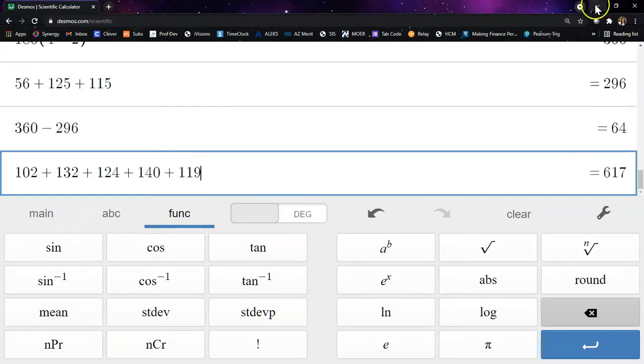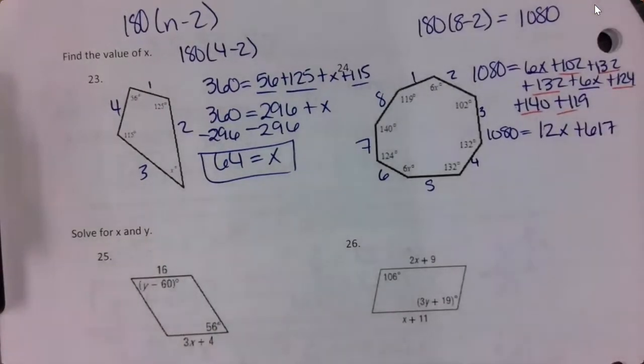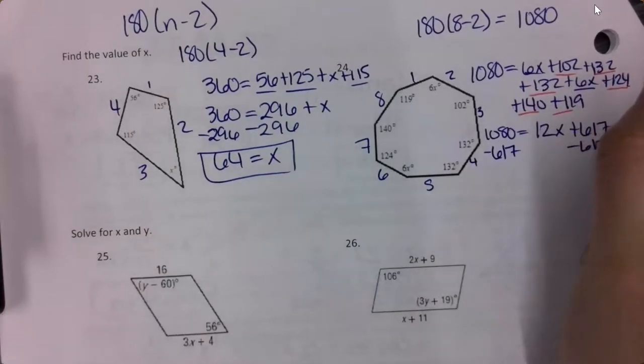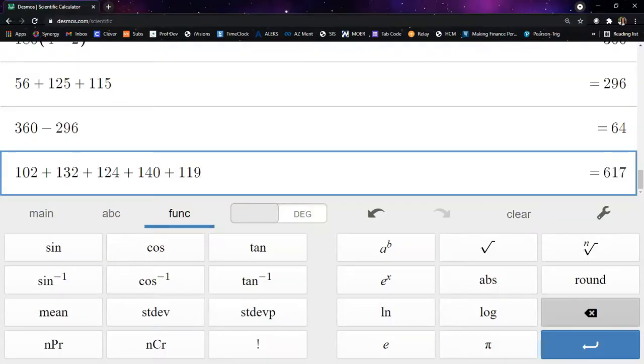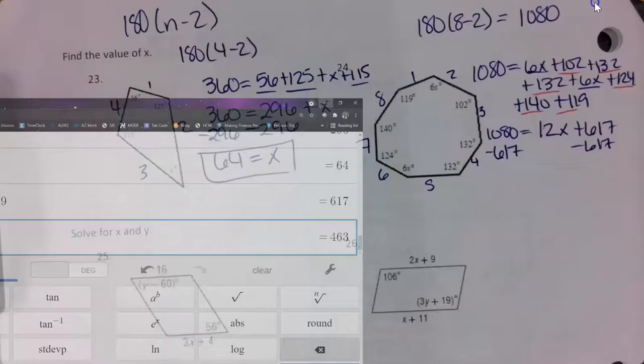Which gets us 617. Then I want to go ahead and subtract 617 from both sides. Which gets us 463.